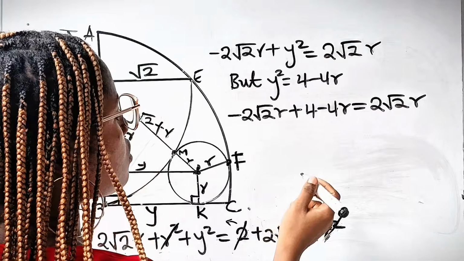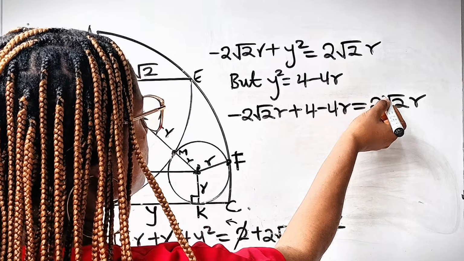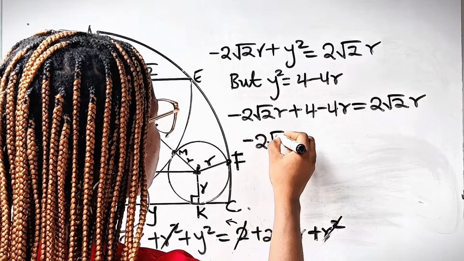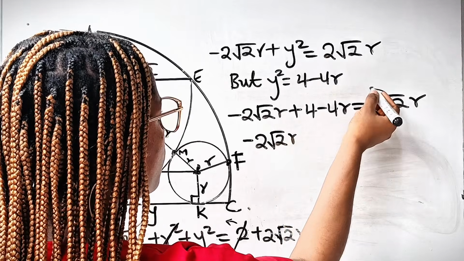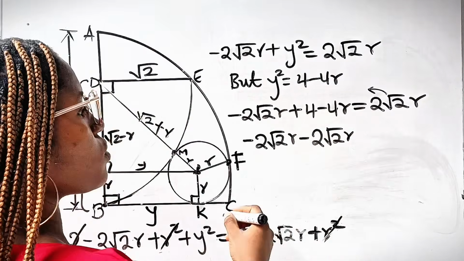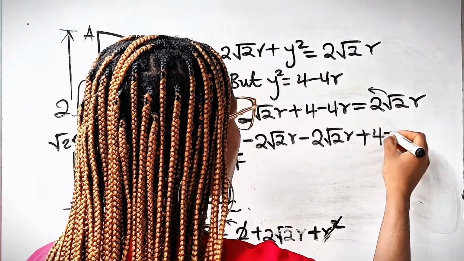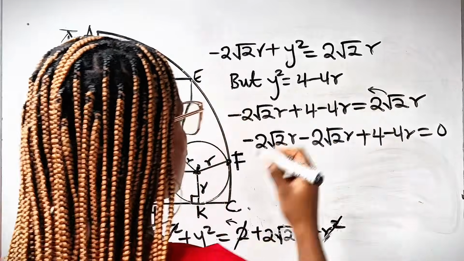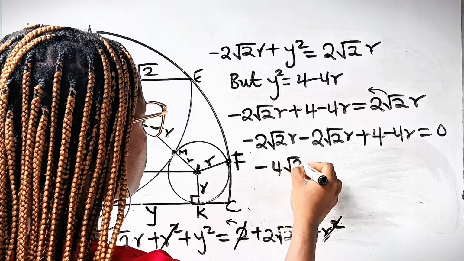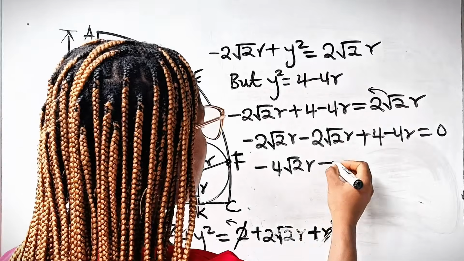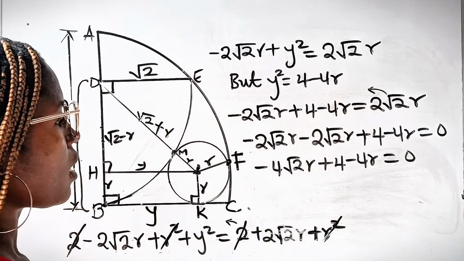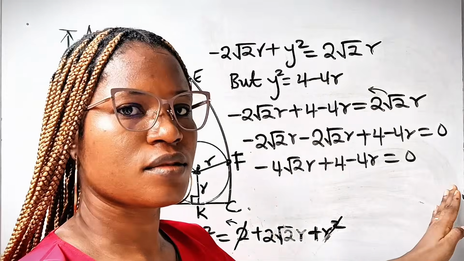Now, let us transfer this to this side. If we do that, we have minus 2 root 2R, then this will come to become minus 2 root 2R as well, plus 4 minus 4R is equal to 0. So this will give us minus 4 root 2R plus 4 minus 4R is equal to 0. Now let's divide through by negative 4.